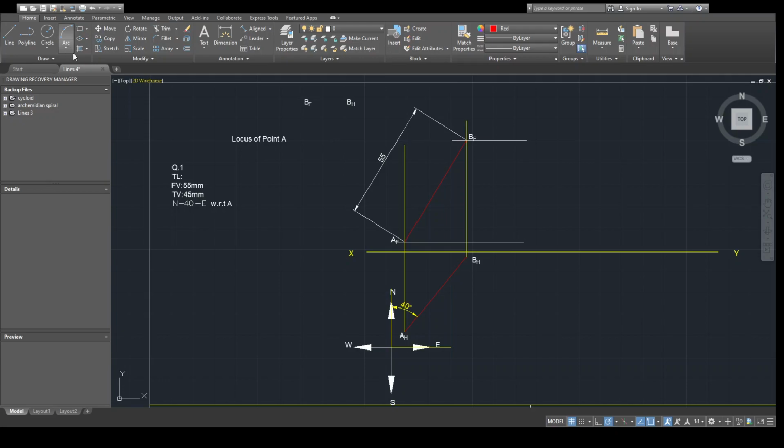So how to rotate it? We know that you can draw an arc. This is my starting point, this is my center point, so you can draw an arc.